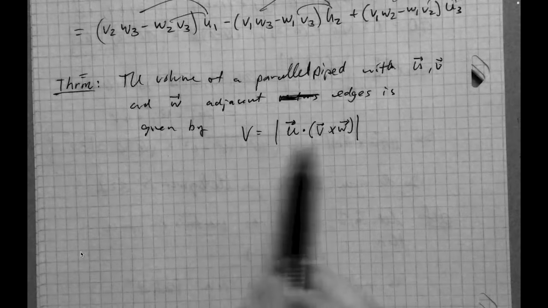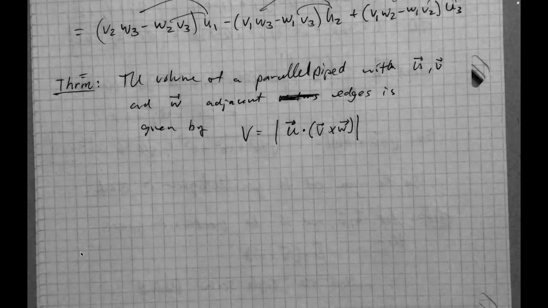And so the absolute value of the triple scalar product is the volume of a parallelepiped.